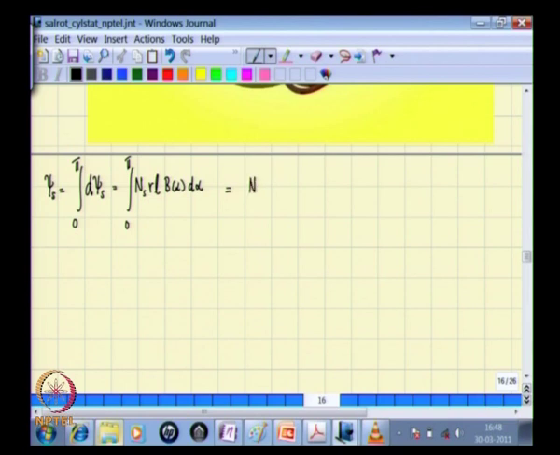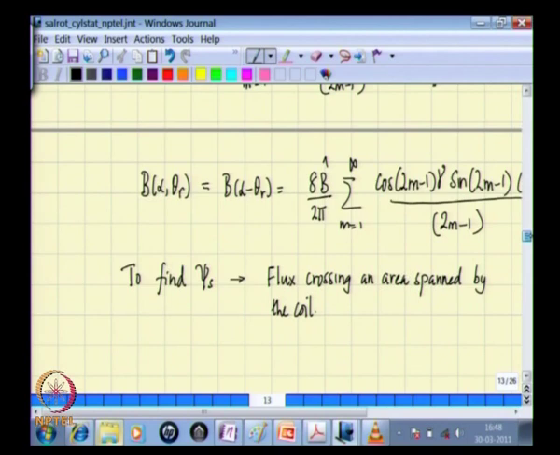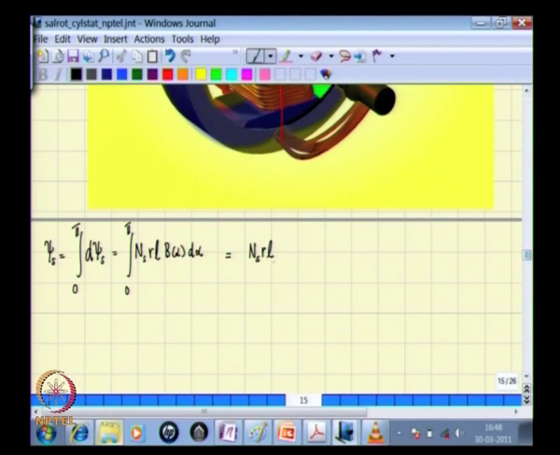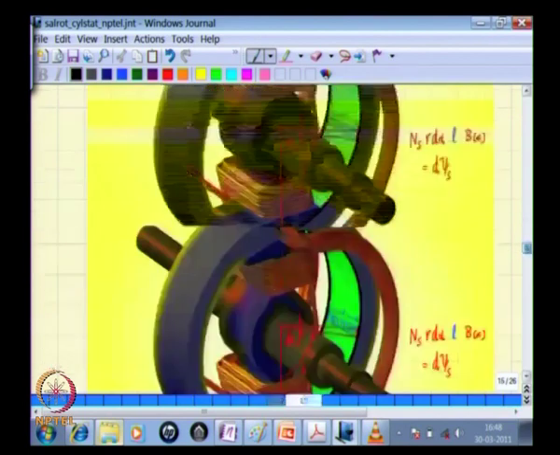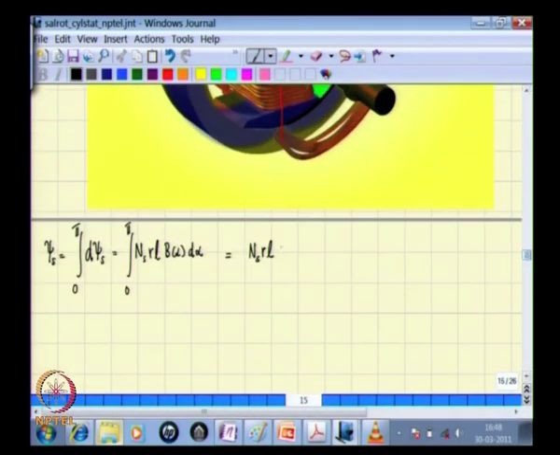So, this is n s r into L. B of alpha we have determined in the earlier expression; it is B of alpha comma theta r, and therefore that is 8 b hat by 2 pi.